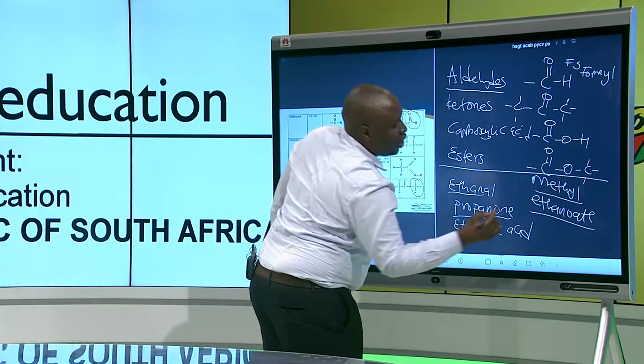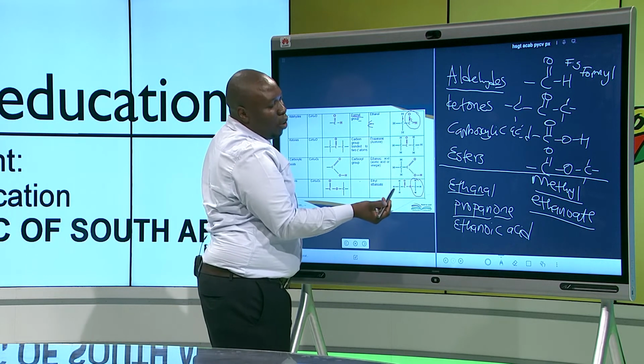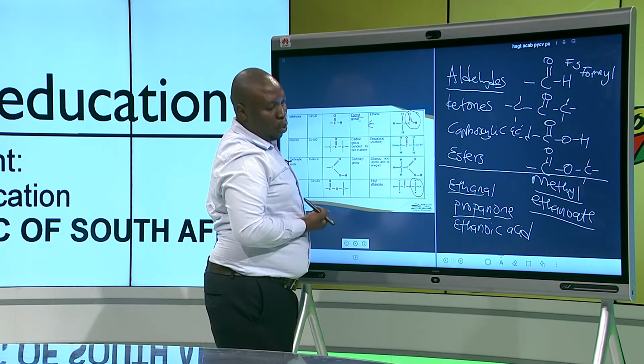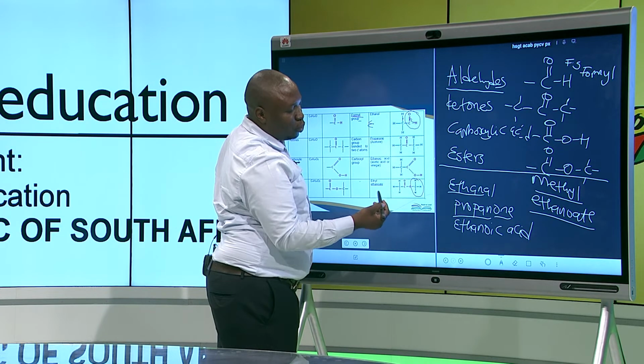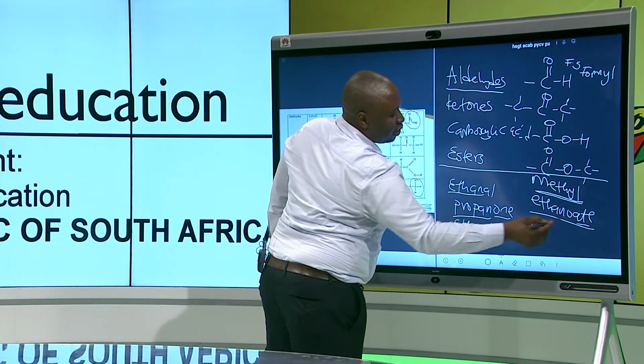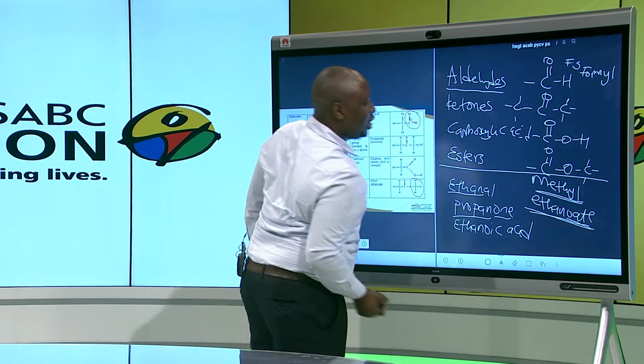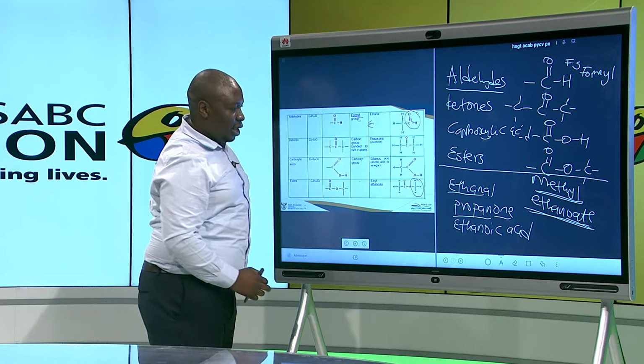So that's how you name. You'll have an alkyl group at all times. The alkyl group is the one that is not attached to the C double bond O, the one that is attached only to the carbon. You will always start with the alkyl group, then you check the number of carbons, then you indicate the "-oate" at the end of the name.